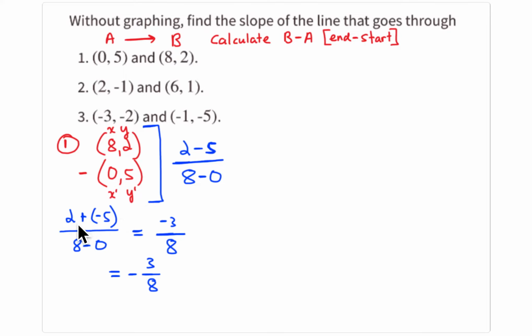Forget about the signs and just view it as having 2 positives and 5 negatives. So 2 things and 5 things. What's the difference between 2 things and 5 things? Well, 5 minus 2 is 3. And this is going to be negative because there are more negatives. So this is a negative 3 over 8. So the slope is a negative 3/8.